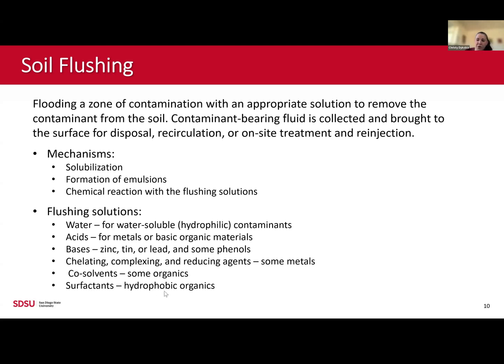If we have something that's hydrophobic, rather than putting in water, which is not going to pick up the hydrophobic contaminant, we might have to put in a surfactant, which acts sort of like a soap, and brings that contaminant into that solution and allows it to travel and become flushed or rinsed out of the soil with this soil flushing technique.